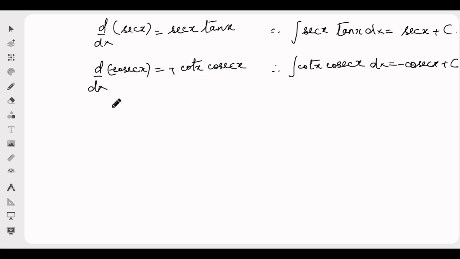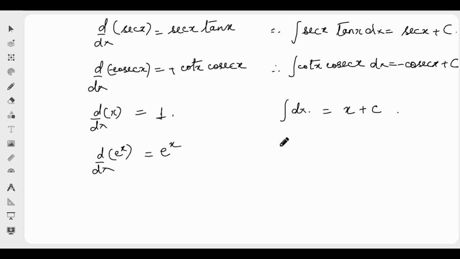Then the first function that we did was integral of x raised to the power n. Now we know that derivative of the function x is equal to 1. Therefore, integral of dx is equal to x plus c. Then derivative of e raised to the power x is e raised to the power x.